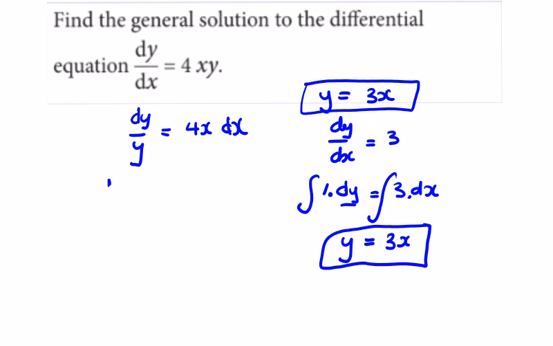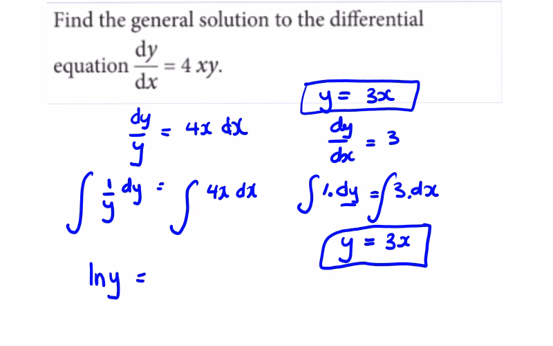So this is 1 over y dy. We're going to get the integral of that, which will have to be equal to the integral of 4x dx. The integral of 1 over y goes to the natural log of y. That's going to give you 4x squared over 2, 2x squared.